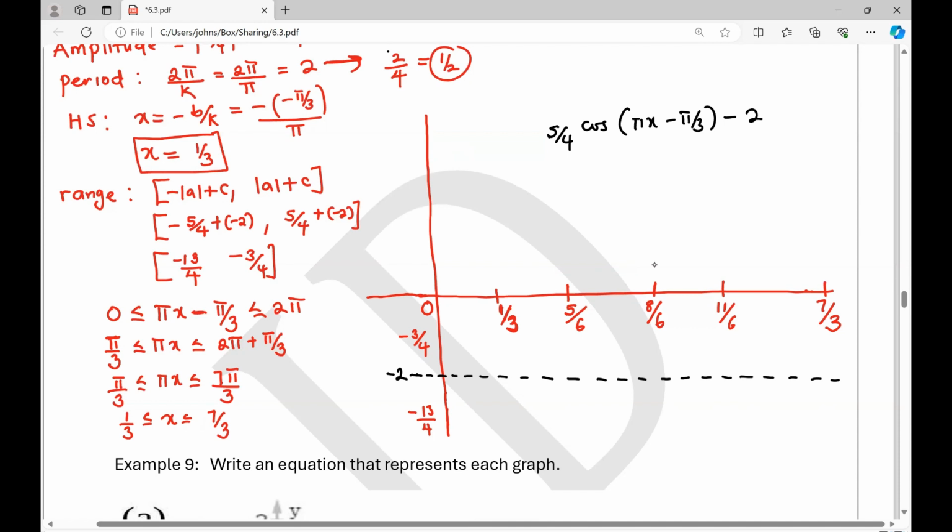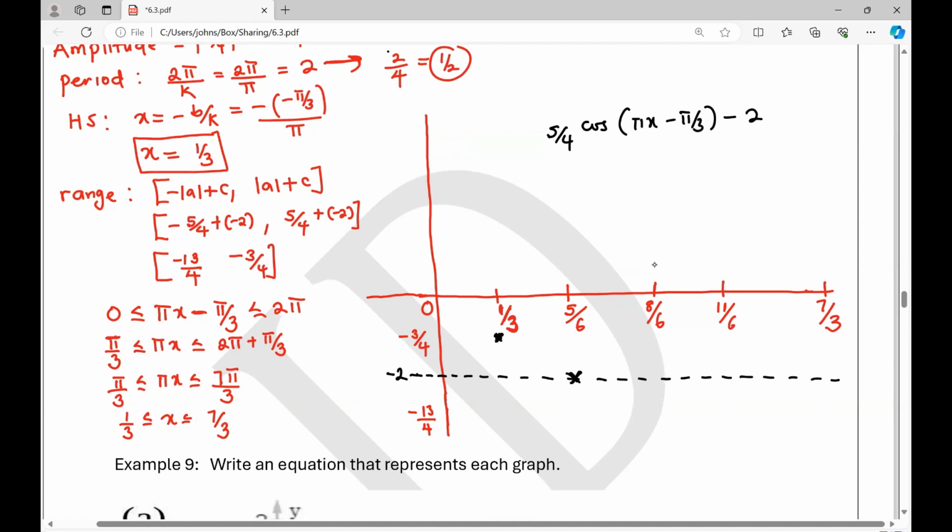So at 1 over 3, you will be at minus 3 over 4. That is the maximum, right? Then at the next point, which is 5 over 6, you will be back to the baseline, which is minus 2.